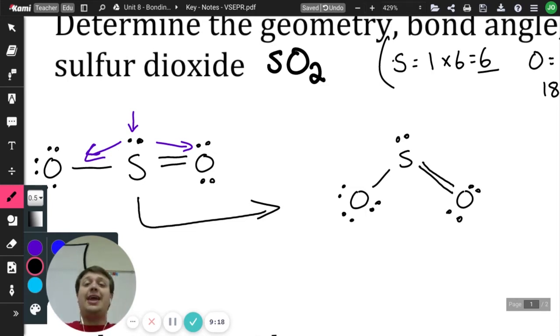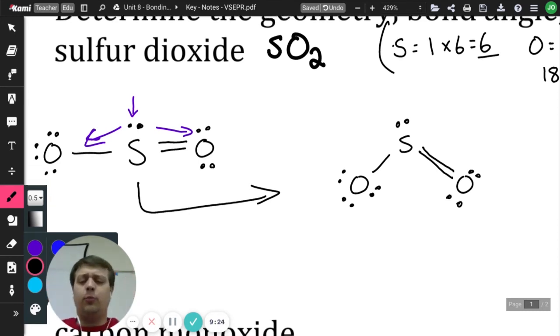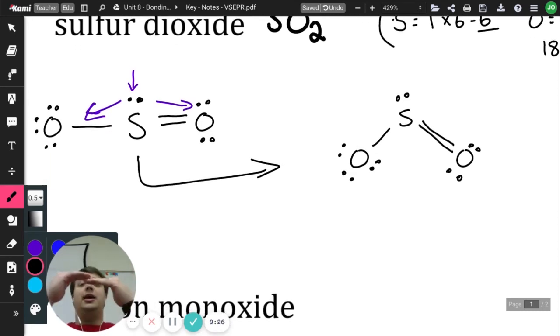So we've actually taken those 2 oxygens and bent them down and away. So what would our shape be? Well, it started like this and it ended like this. So my shape went from a straight line to a bent line. So we would call this VSEPR shape bent.